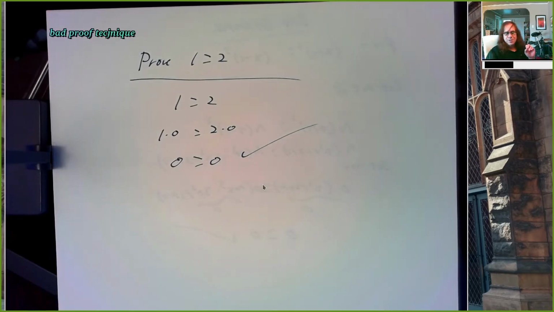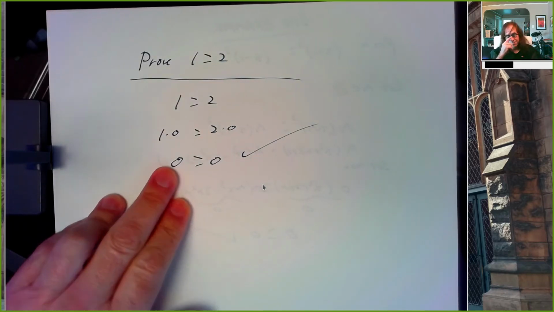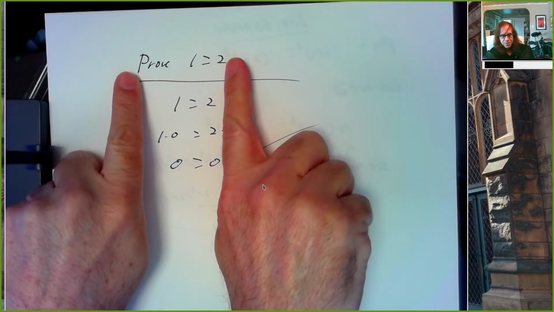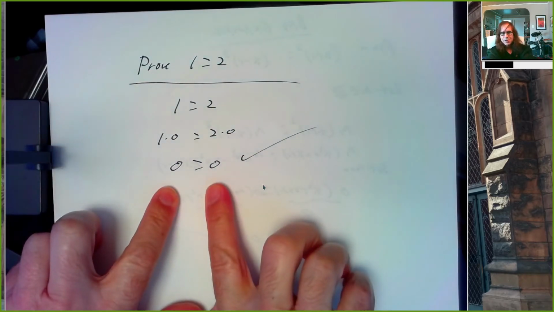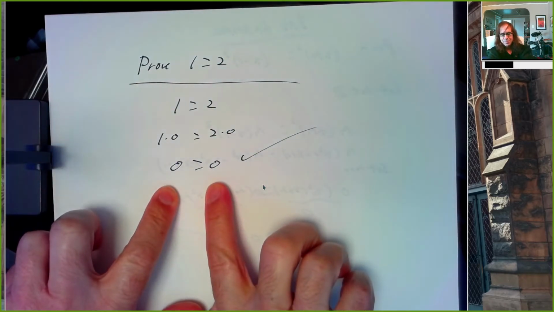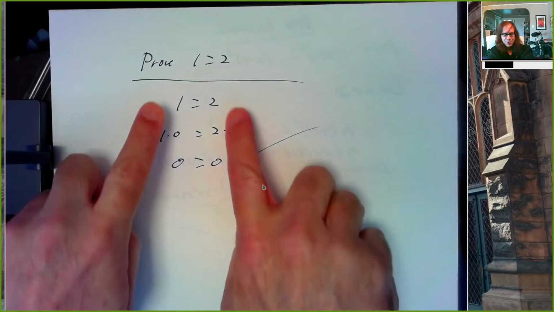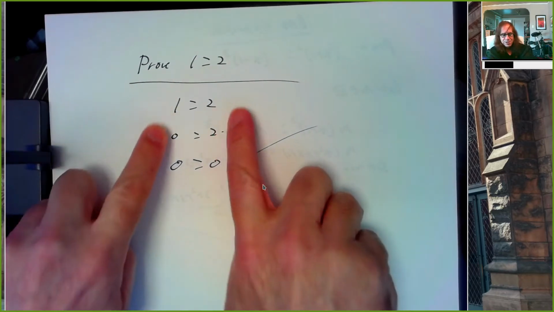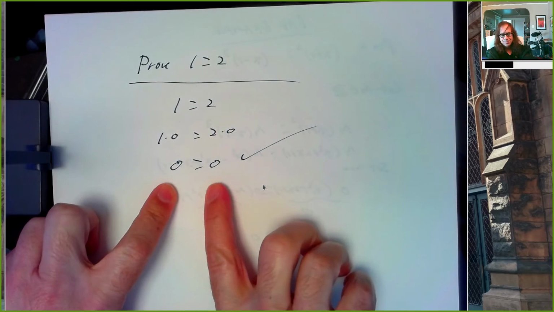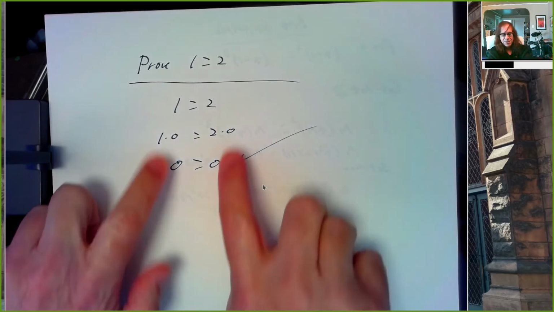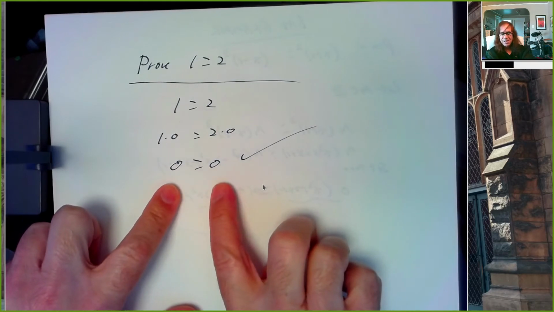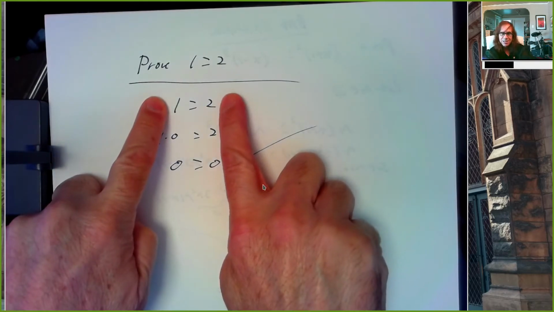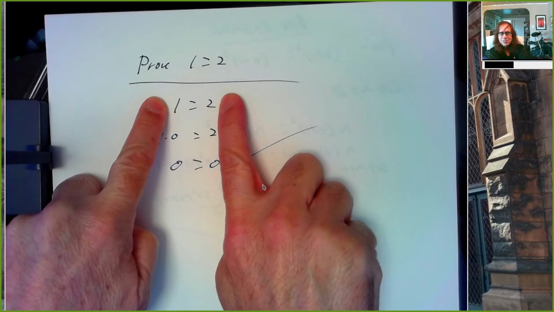This does not prove that 1 equals 2. What you've proven is that if 1 equals 2, then 0 equals 0. We said if 1 equals 2, then this is true and this is true. So if this is true, then that is true. Knowing that that is true does not prove that this is true. That's the converse. The converse is not the same as the original proposition.